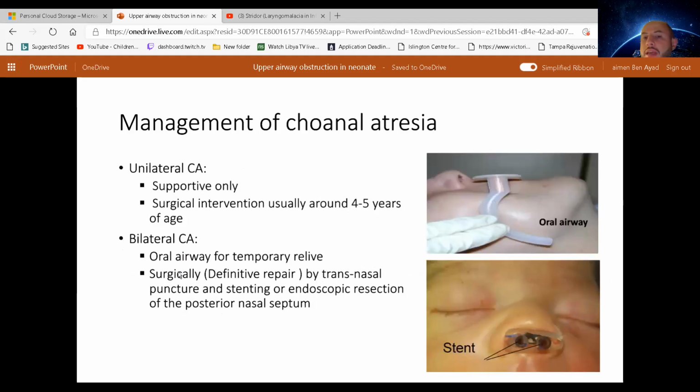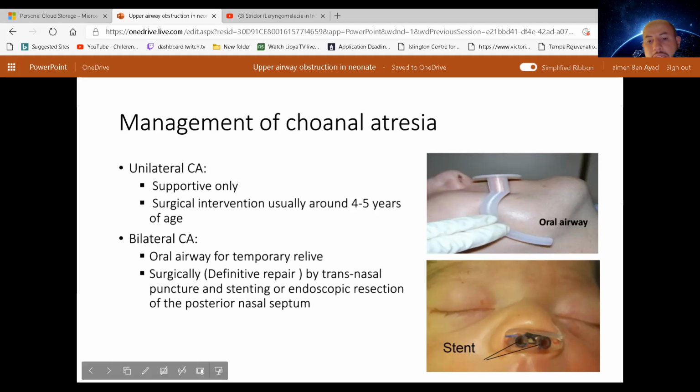How do we treat choanal atresia? If the baby has bilateral choanal atresia, it's a true emergency. You need to place an oral airway and then prepare for surgery. The surgery is usually either transnasal puncture and stent, or definitive surgery, endoscopic resection of the posterior nasal septum.